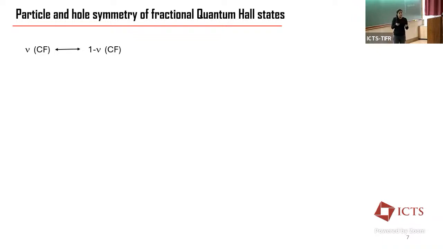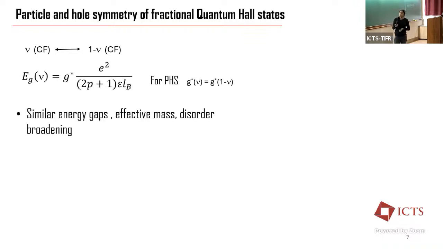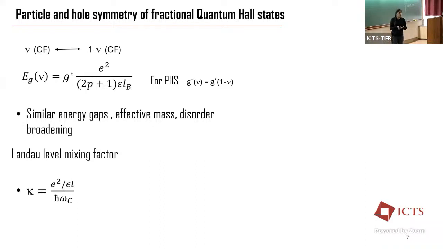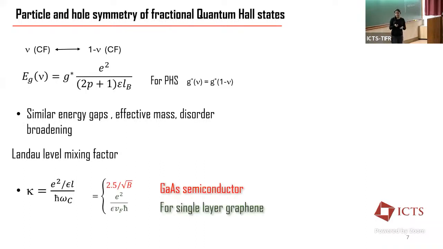For example, what are the things which can be symmetric? Their energy gaps are similar, their effective masses are similar, the disorder broadenings are similar, and there is one other important factor which quantifies the amount of particle-hole symmetry present in the system, that is the Landau level mixing factor. That is the ratio of the Coulomb energy to the Landau level spacing.